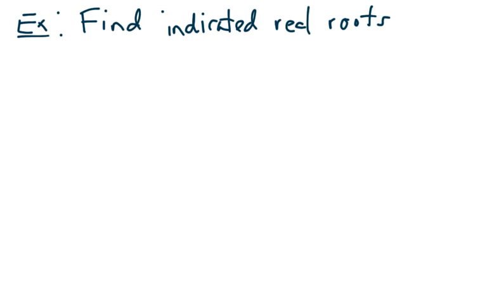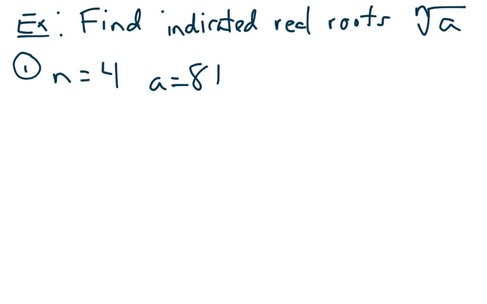We're really looking for the nth root of a. So number 1, let's start with n equal to 4, and a equal to 81. So really what we're looking for is the 4th root of 81.